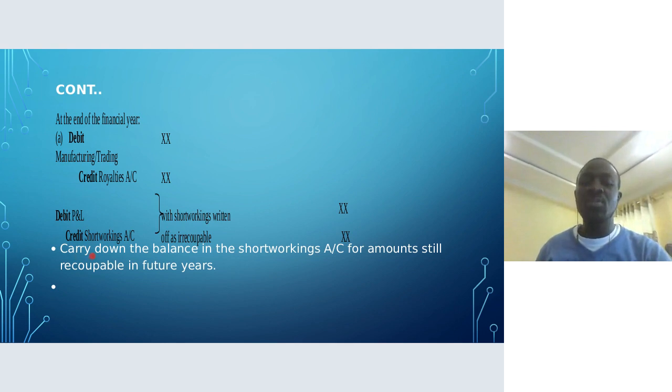Then you are supposed to carry down the balance in the short workings account for amounts still recoupable in future years. So any amount that you can recover in future years, we should recover it in those future years. So that is what we wanted to highlight today.